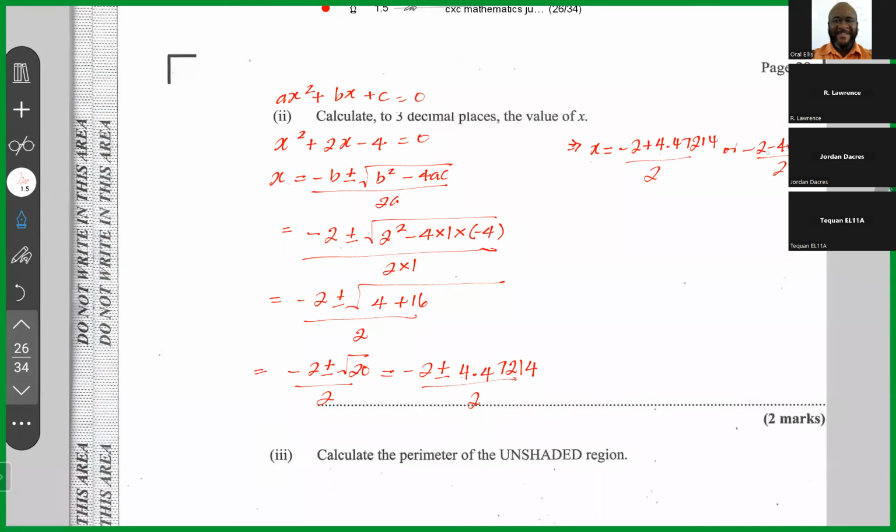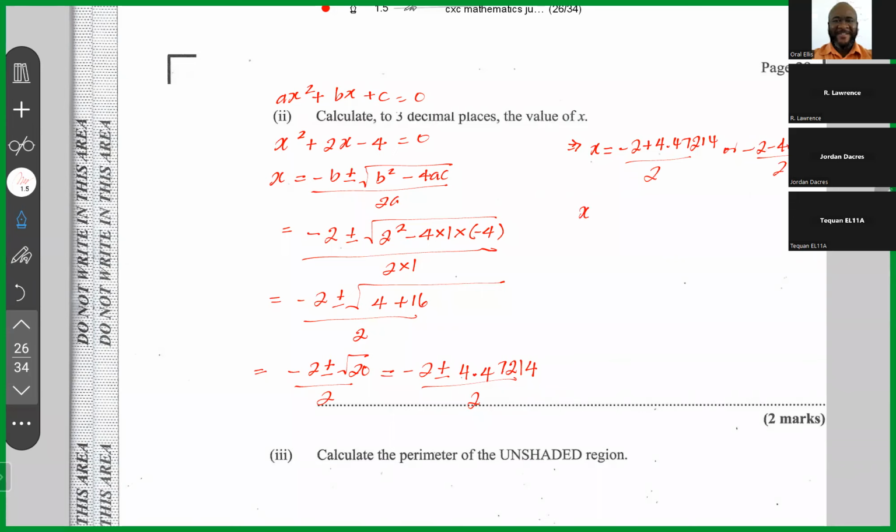Now, I know I can reject that answer because x must be positive. Remember, x is part of the side of a rectangle, and the side of a rectangle can't be negative. Let me leave it for the time being.